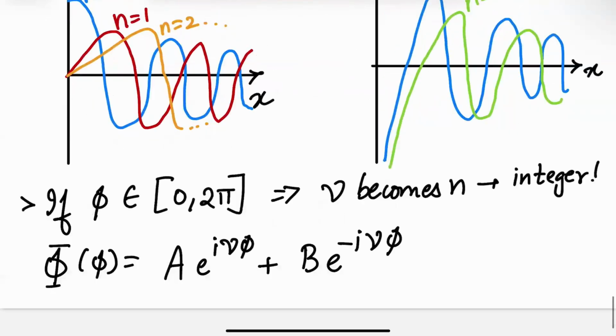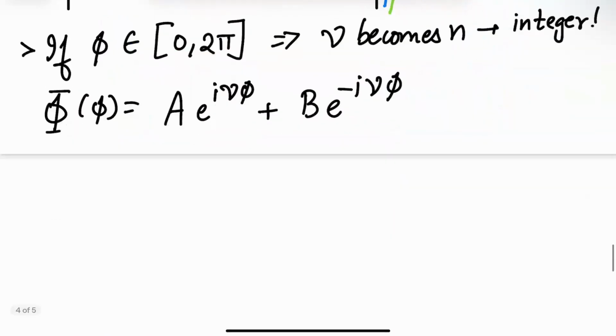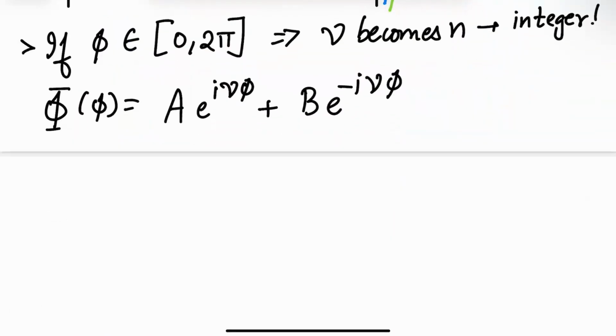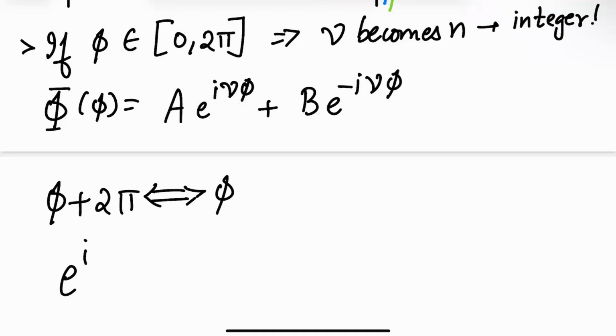right? Okay, which means that if phi is entire domain, which means it's periodic, so phi plus 2 pi is equivalent to phi, right? So if I put phi plus 2 pi in here, then this becomes e to the i 2 pi nu times e to the i nu phi.